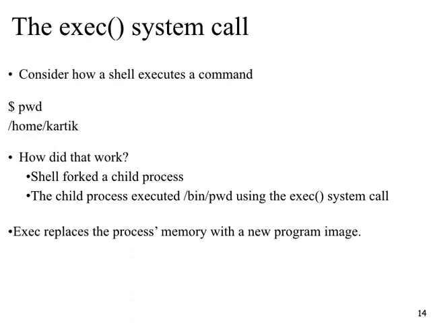So the shell forks the child process. The child process finds the binary file /bin/pwd, and then calls exec to execute that binary file. The purpose of exec is to replace the current process's memory with a new image. What that means is that all the existing memory of a process is overwritten by the memory image of the new program that you want to execute.